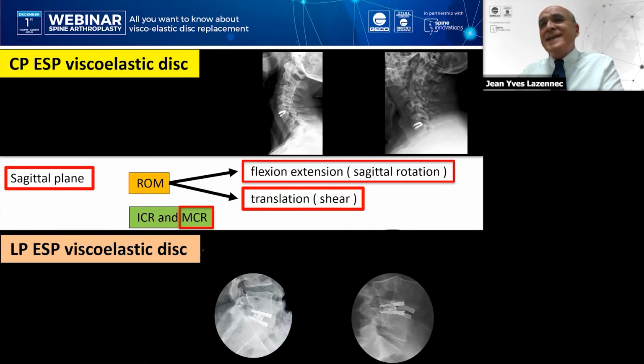It is sagittal rotation, and it has been very well developed for mechanical implant. We have also translation, and we don't have a lot of data about this phenomenon of translation. And what is very important for me is the mean center of rotation. For cervical disc and for lumbar disc, it is the same topic.